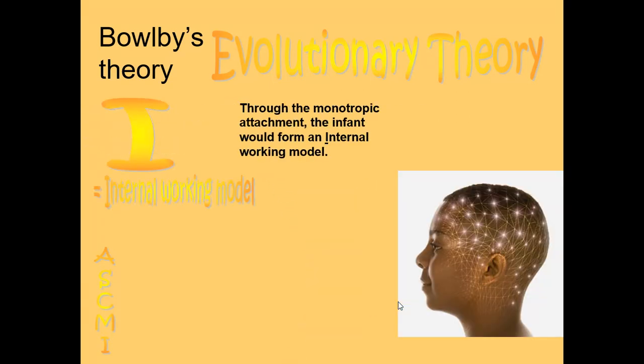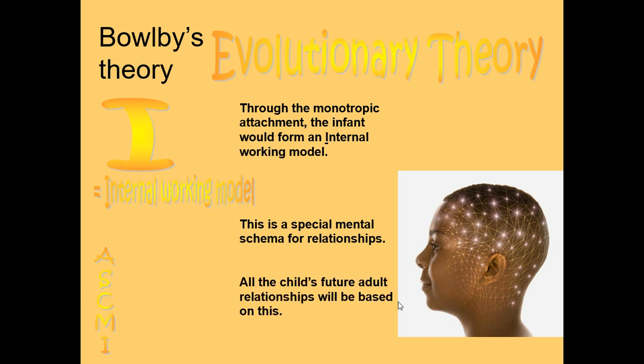is this thing called an internal working model. Bowlby argues that when we form this monotropic special attachment with one person, it creates an internal working model. This is a cognitive model. This is a type of a schema for relationships that we have with other people. So it's a series of connections in our brain where we learn what an attachment is and we learn what a relationship is.